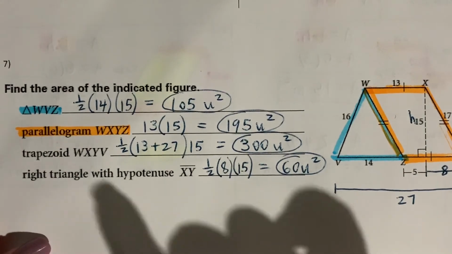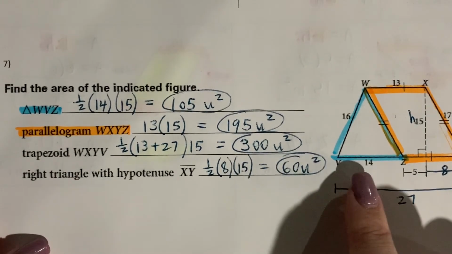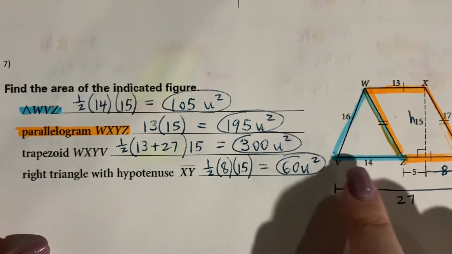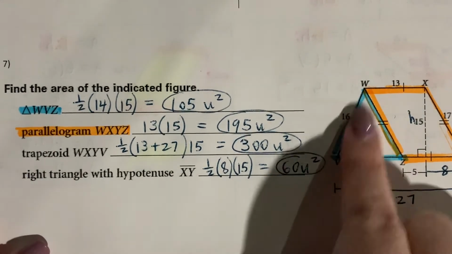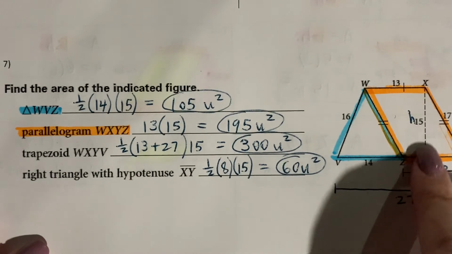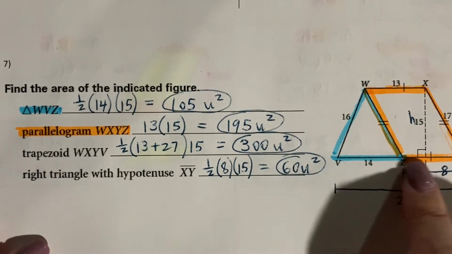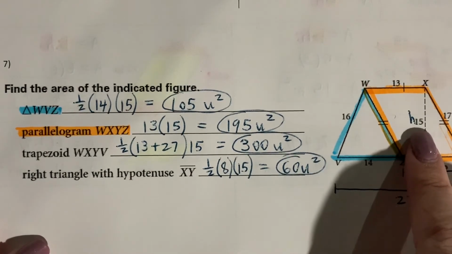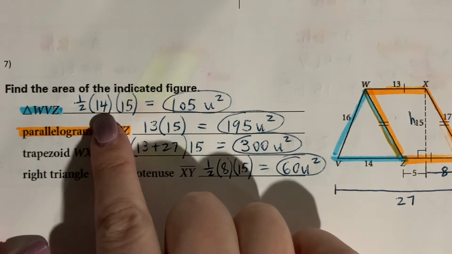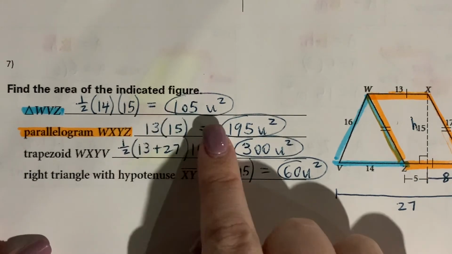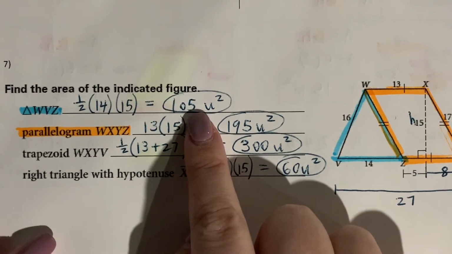So I need to know the right angle, and here's my triangle. My base here is 14, and my height is actually outside of this triangle. It's over here, as if we were to extend the lines in order to use this height right here. The height is 15. So I'm doing 1/2 times base times height, and I get 105 square units.